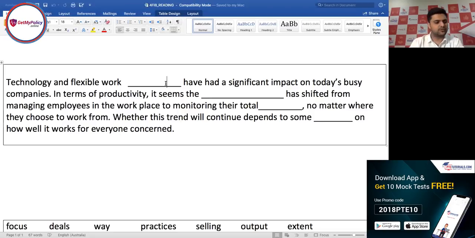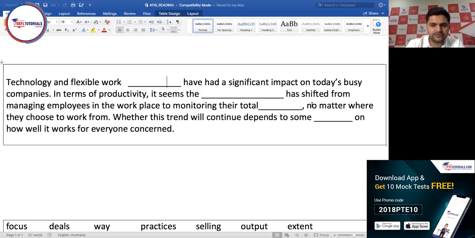Now let's move to the second blank and see what type of word we are looking at. In terms of productivity, it seems the dash has shifted from managing employees in the workplace to monitoring their total dash, no matter where they choose to work from.